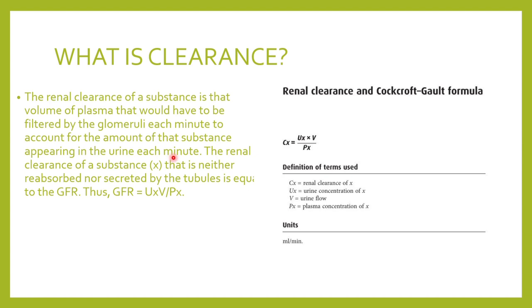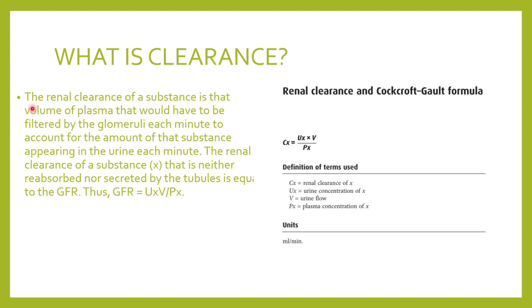For example, we will see now, this is the renal clearance of substance X. Some X, we take creatinine. So the renal clearance of creatinine would be the urine concentration of creatinine times urine flow divided by the plasma concentration of creatinine. So the renal clearance of a substance, we assume the substance is creatinine, is that volume of plasma.